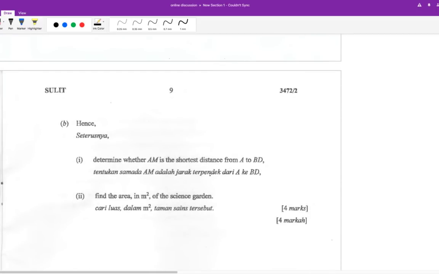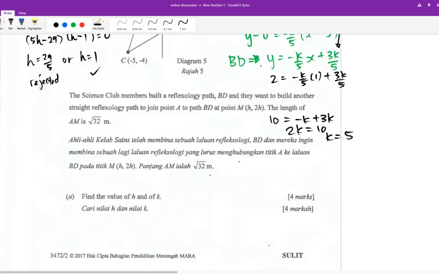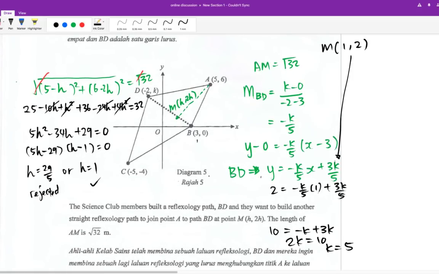Alright, hence determine whether AM is the shorter distance to BD. If you want to know the shorter distance from A to BD, you will need to prove that there is a 90 degree angle.